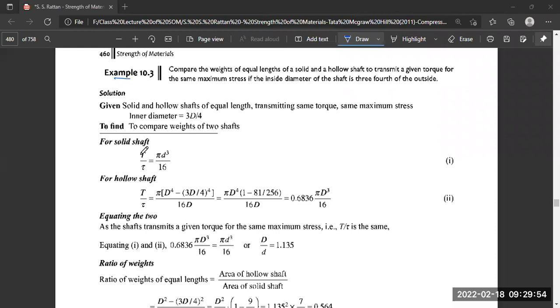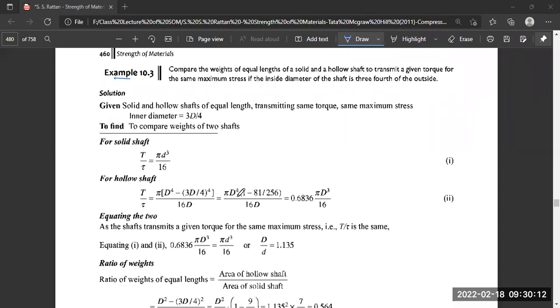For a solid shaft, T divided by tau is equal to pi into d to the power 3 by 16. For the hollow shaft, the same relation is T divided by tau equals pi into (D to the power 4 minus small d to the power 4) divided by 16D. And you replace small d by 3 into D by 4.